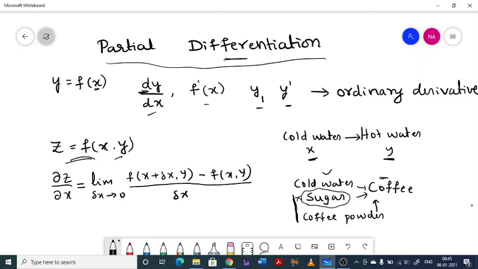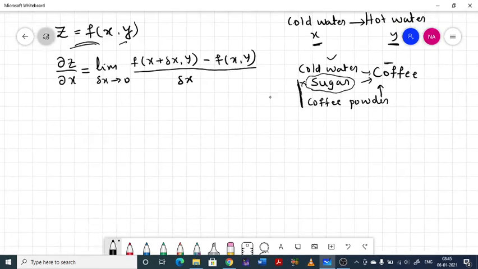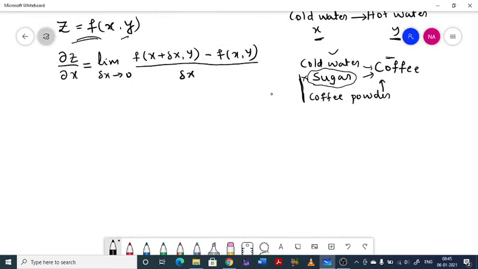This you can write using first principle to find the derivative. Okay, this is done. I have differentiated partially with respect to x. Similarly, we can differentiate partially with respect to y also. To make the notation simpler, we can write this as zx. Zx represents partial differentiation of z with respect to x.